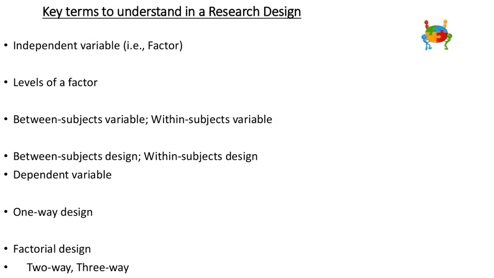So in terms of an independent variable, what is an independent variable? An independent variable is something you manipulate. And what do levels of a factor mean? The variable that is manipulated, yes.